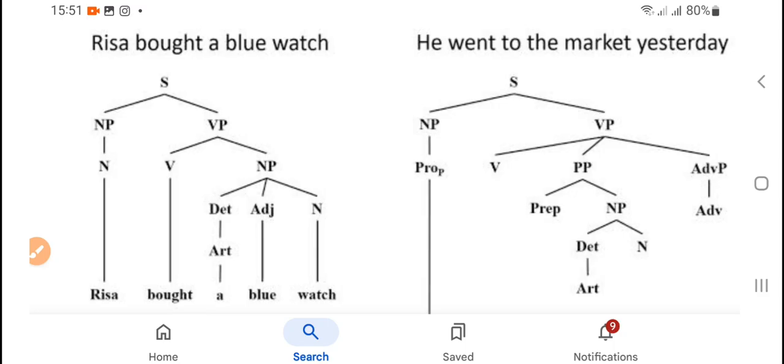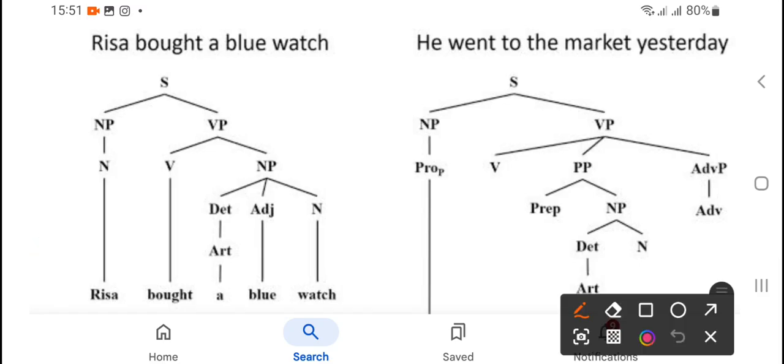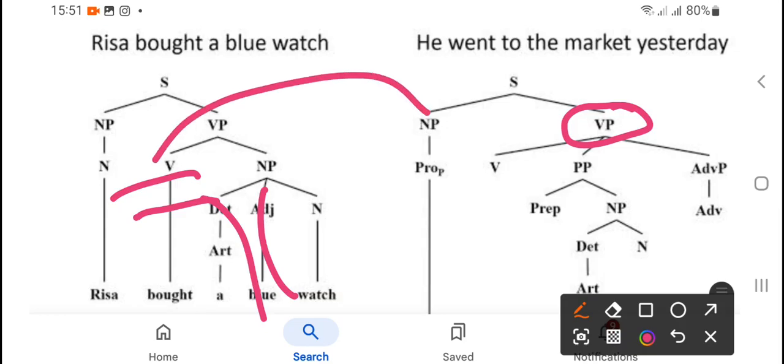Our first branch is noun phrase, that is pronoun, which is he, okay? So that's the pronoun he. Now what is left? Went to the market. Actually this sentence is not clear. It should be like this. This is the first branch, noun phrase.